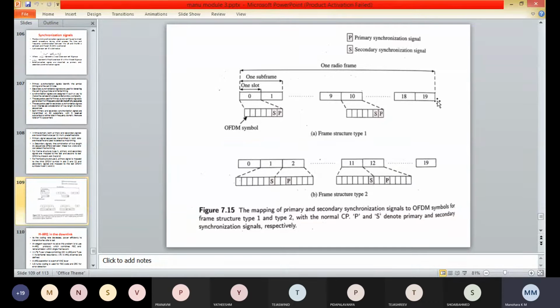From 0 to 19 is one radio frame. In that, 0 and 1 is one subframe, 0 is one slot. These are the OFDMA symbols. Make a note of this figure, everyone.